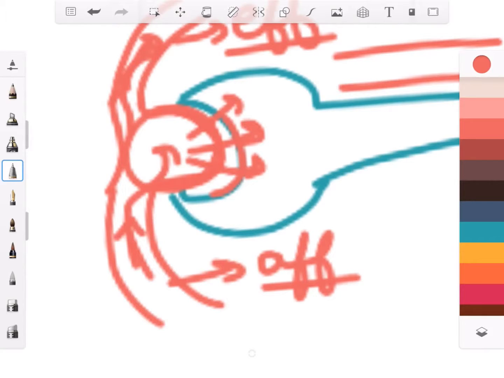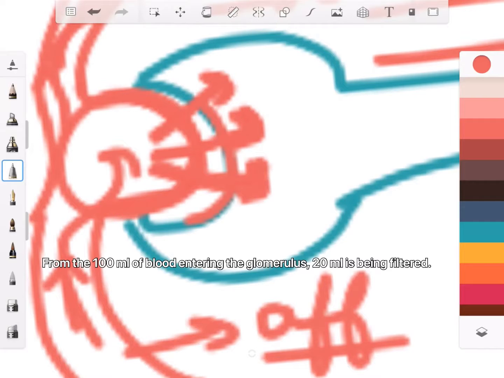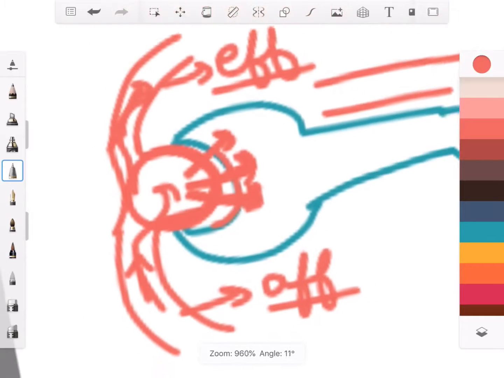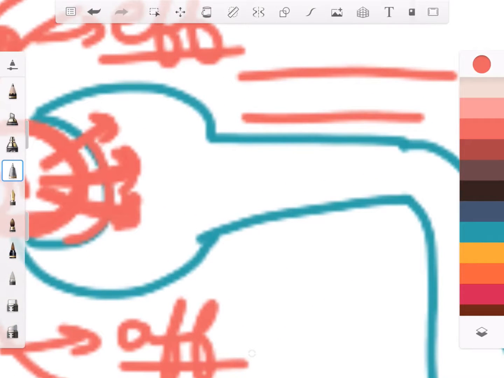Now GFR is the amount of plasma that has been cleared out, that has been absorbed into the Bowman's capsule. So GFR only has something to do with the glomerulus, whereas the RPF is also calculated by the amount of substance secreted into the PCT.